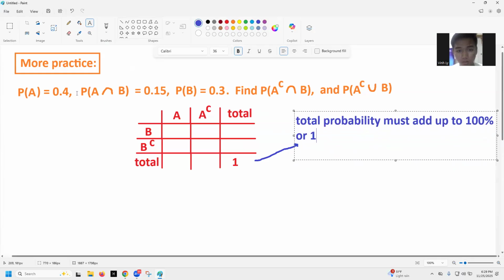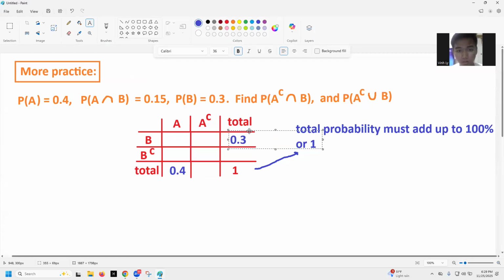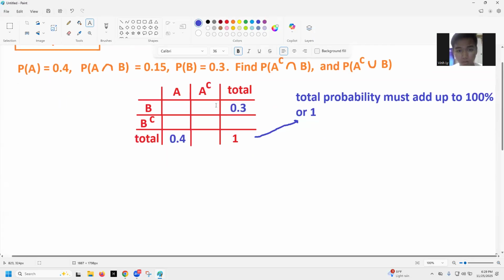So this is 1.0, this is 0.4, this is 0.15, this is 0.3. So the question gives A as 0.4, and B will be 0.3. So we can figure out B^C by subtracting 1 minus 0.3. So you get 0.7.